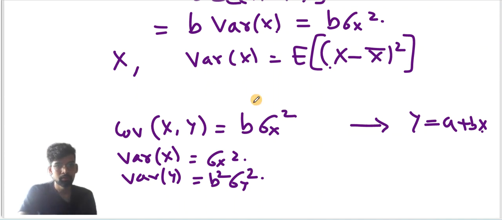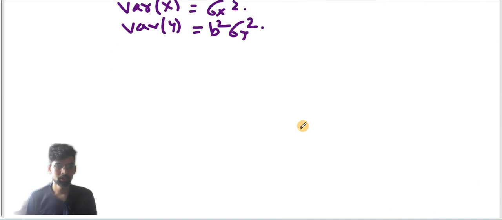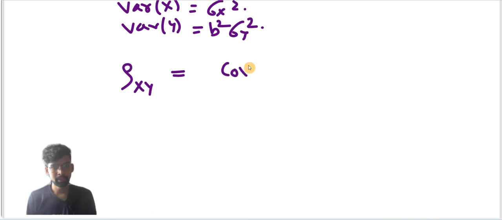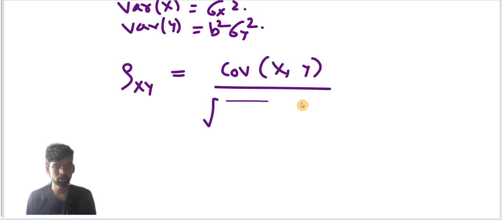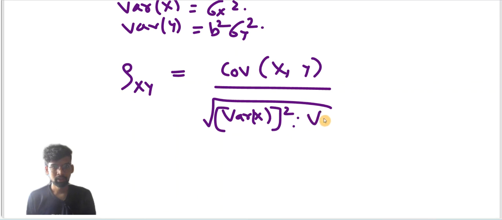Now, what we will do is we can write the correlation coefficient, that is, rho x y. Suppose I am denoting the correlation coefficient between two variables x and y as rho. So it can be written as covariance of x comma y divided by under root of variance of x times variance of y. I have stated this definition above also.